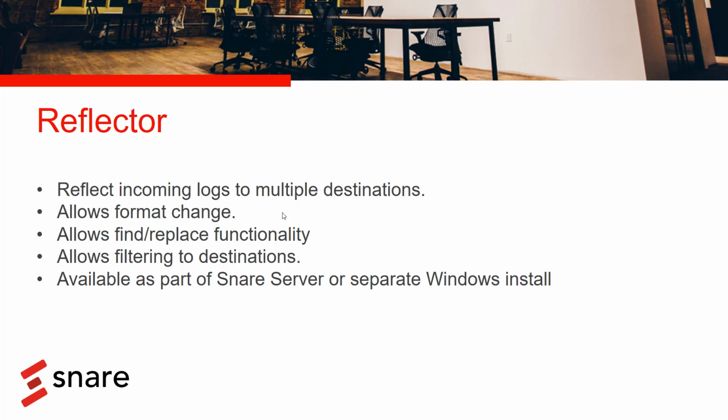So if you have a host name, for example, or an IP address that you needed to change to a particular format or naming convention, you can do that through the regex and find and replace options. We also allow filtering so that you can only send the events that you want towards your destinations. And as I said, there are multiple destinations as well, and that is part of Snare Server or available as a separate Windows installation.